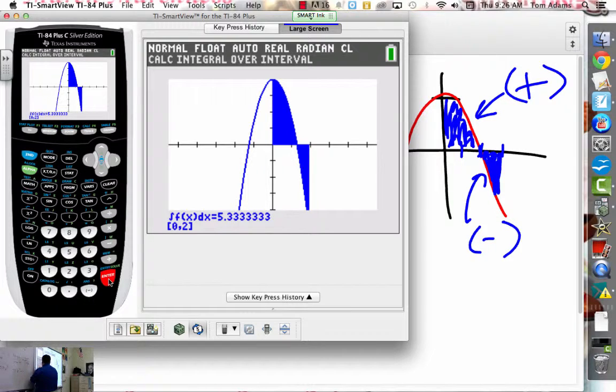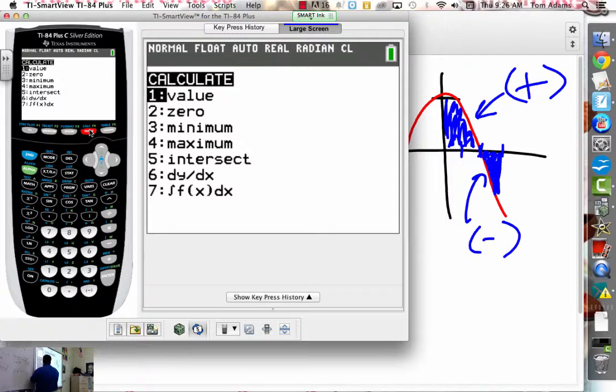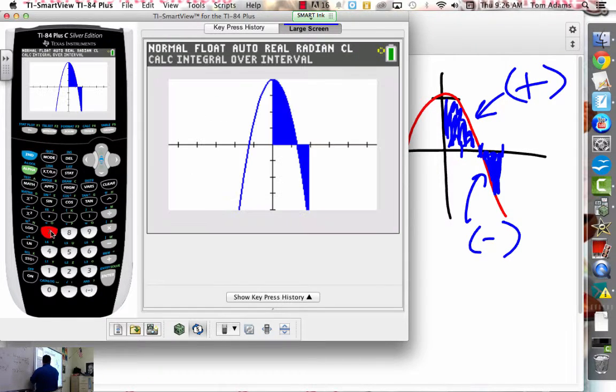So if I calculate the area under the curve by hitting second calc, and I go from 2 to 3, I get a negative 2.3. So if I were just interested in the actual area, it looks like it's like 7 2/3 or some funny number like that. So how would I solve that if I just wanted to know the absolute area? Not the mathematical value, but the absolute area.